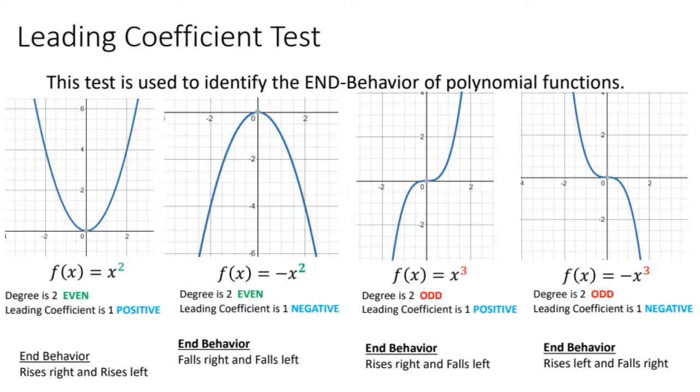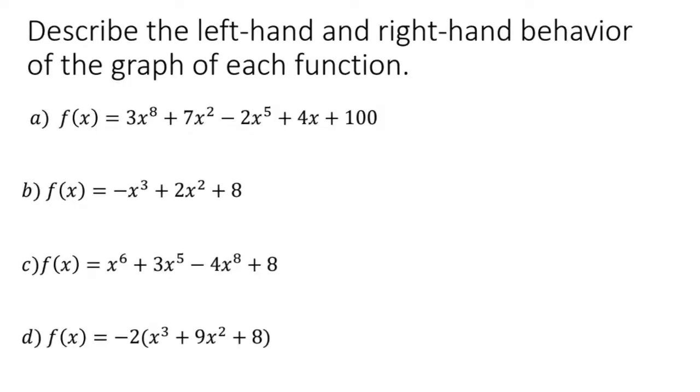So let's look at an example, or several examples here. The first thing again that we need to look at before we can describe our left-hand and right-hand behavior is the degree of the polynomial and whether that degree is an even number or an odd number. If we look at A, we see that our highest exponent is 8, and 8 is an even number.